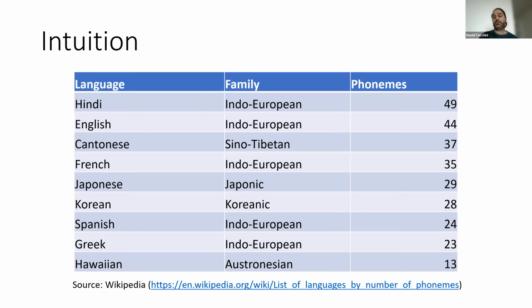It's interesting to see that, for example, English has 44 phonemes, which is a very high value, but other languages like Spanish only have 24, so it should probably be easier, in theory, for a model to learn ASR for Spanish than English. Well, of course, we have much more data available in English.